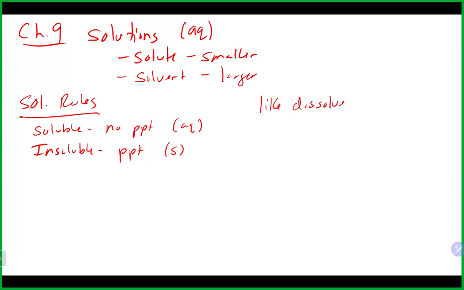We talked about the idea again of "like dissolves like." And as we talked about, things that can use the same sort of intermolecular forces that some other molecule uses will be soluble in each other and mix. Because they're using the same type of interaction they use with themselves, they can use with somebody else, so it works really well.